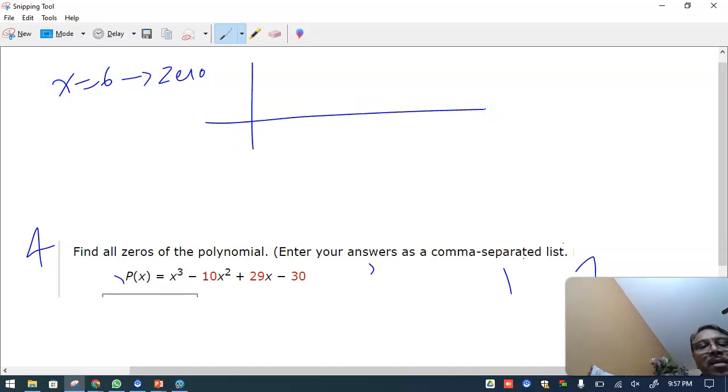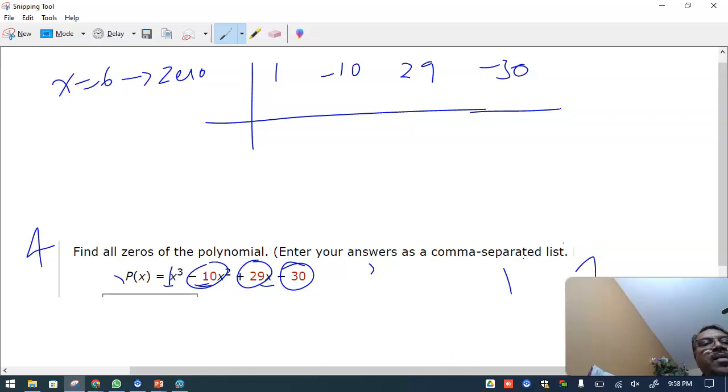Now, enter the coefficients of the variables. Here there's a 1, so put a 1, and there's minus 10, so minus 10, plus 29, and then minus 30. And because 6 is a zero, put the 6 right here outside.